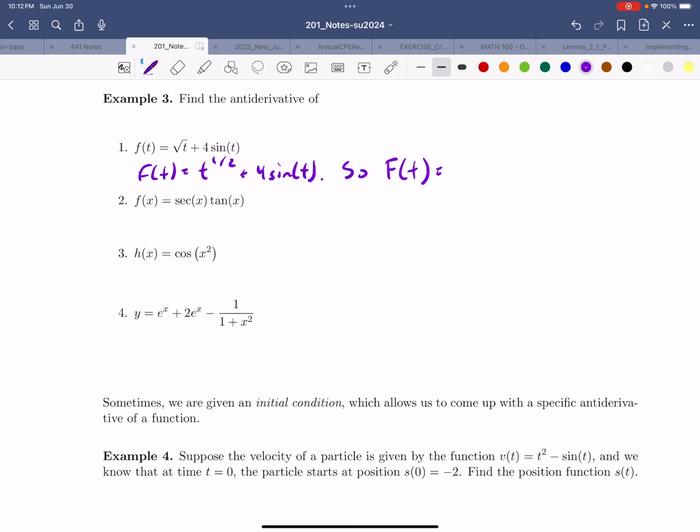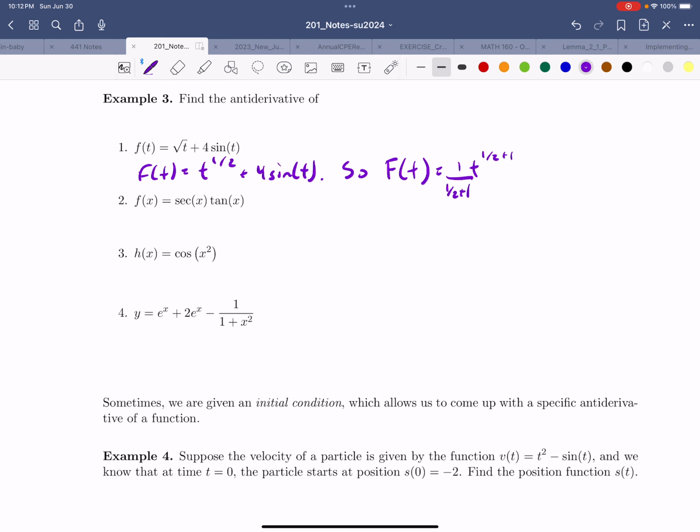So big F of t is going to equal, well, we're going to be adding 1 and dividing, so it's t to the 1/2 plus 1 all over 1/2 plus 1.